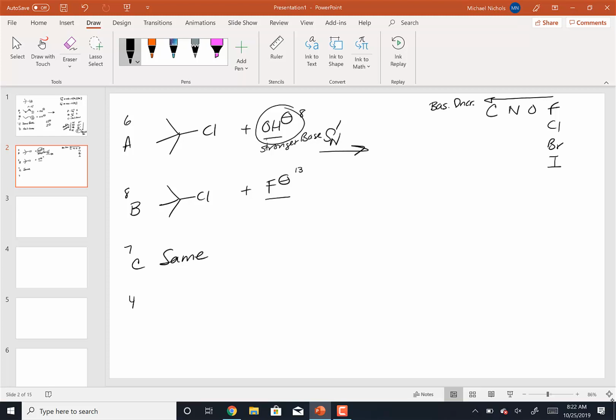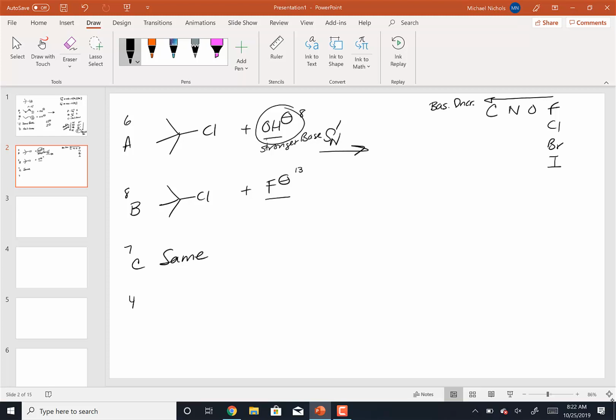Since the majority had fluoride, HF is a stronger acid than water, but that means its conjugate base is weaker. So on the periodic table, if we go from left to right, acidity increases. But if we go from right to left, basicity increases. Right? Just the different thing.